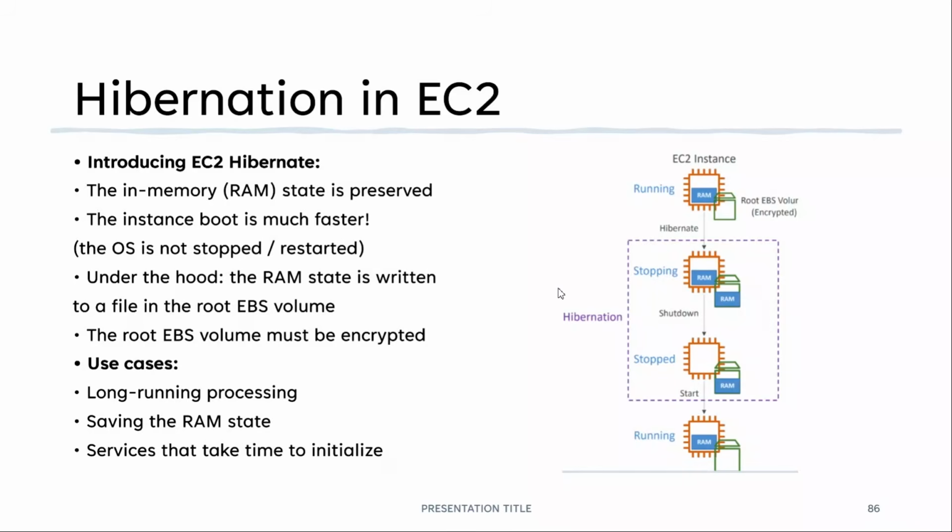So that state is maintained. You can understand it like your application is in a frozen state, and when your EC2 instance goes back to the running state, you save a lot of time.